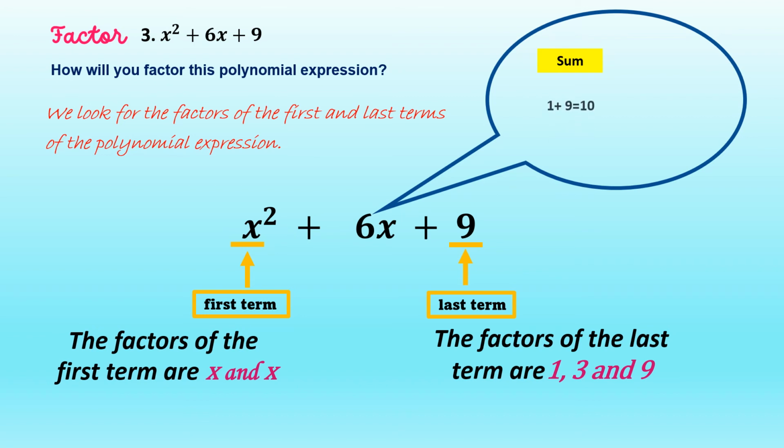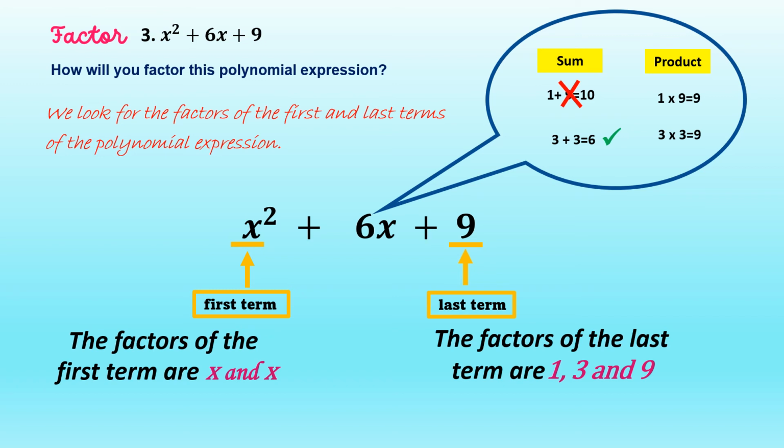The sum of 1 plus 9 is equal to 10, and the sum of 3 plus 3 is equal to 6. 1 plus 9 cannot be, since it's not equal to the numerical coefficient of the middle term, which is 6. 3 plus 3 is equal to 6, so it's correct. The product, 1 times 9, is equal to 9, and 3 times 3 is equal to 9. So, both of them are equal to 9.